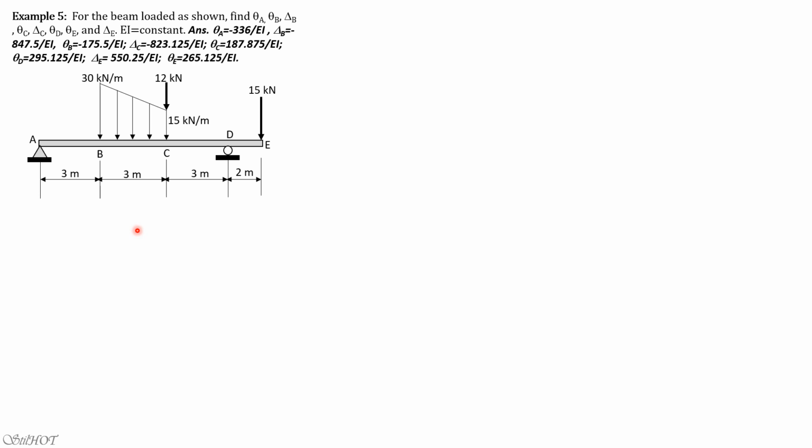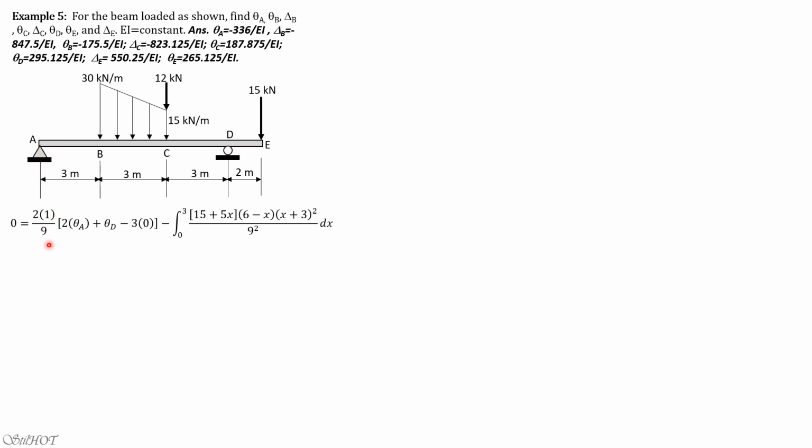So first, let's solve for the reaction at A so that we can find the moment at B and moment at C. By the way, for moment AD, we use 2EI over L because there is moment at D. So moment at A is 0.